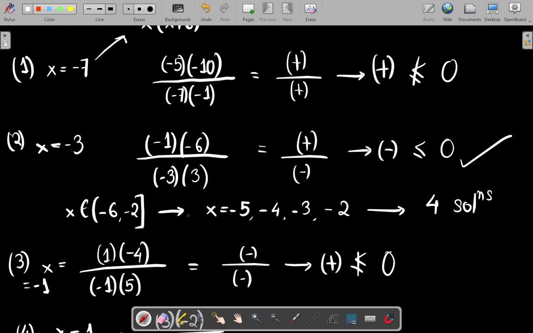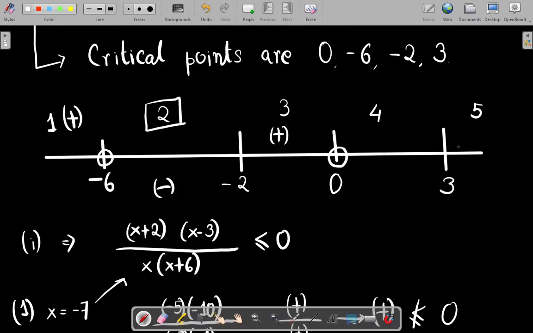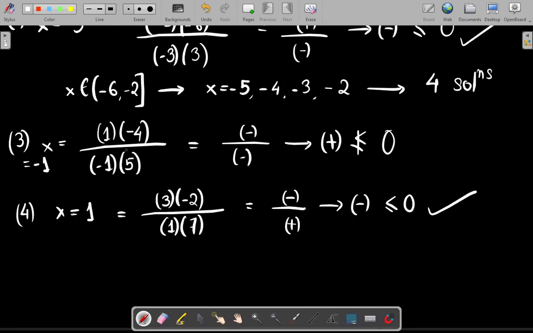And 1 plus 6 is 7. So again, positive and negative product in the numerator, so this will be a negative number, and the denominator has only positive terms, so the product will be positive. So now we get a negative upon a positive number, so the fraction will be negative. So this is again less than or equal to 0, so this will give me another solution set. This region has negative values, so this will give me a few more integer solutions.